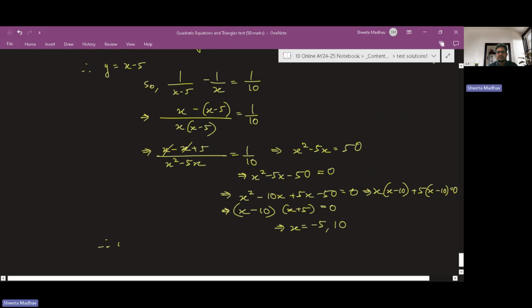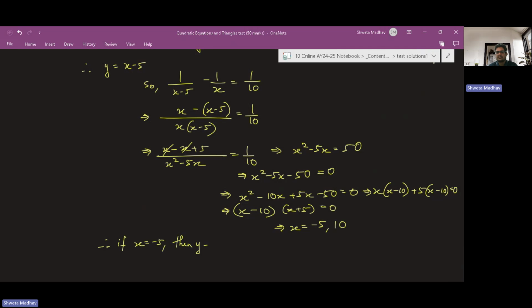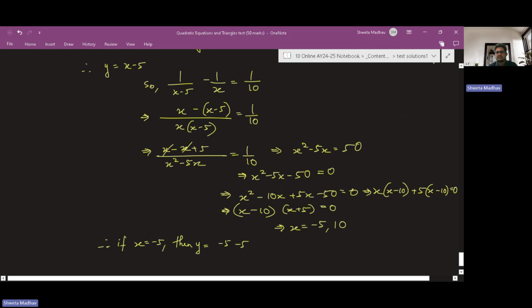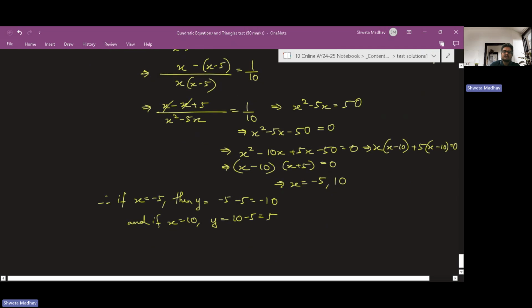So therefore, if x is minus 5, then y will be minus 5 minus 5, which is minus 10. And if x is 10, then y will be 10 minus 5, that is equal to 5, since y is x minus 5. So therefore, it means that the numbers can be either minus 5 and minus 10 or 10 and 5.